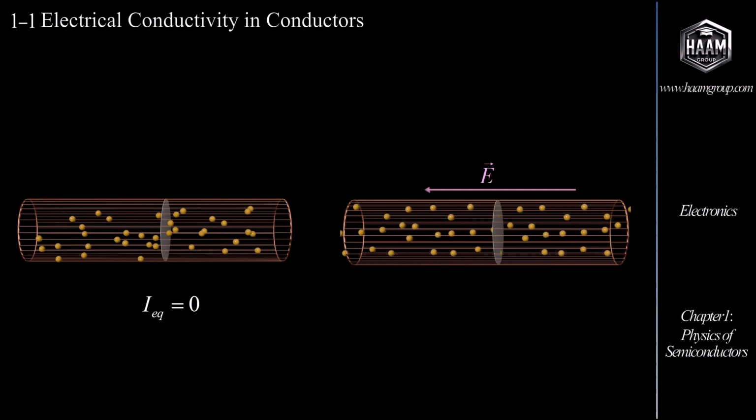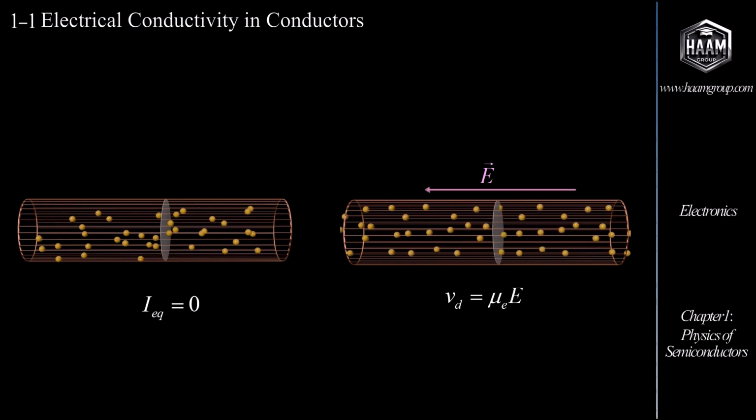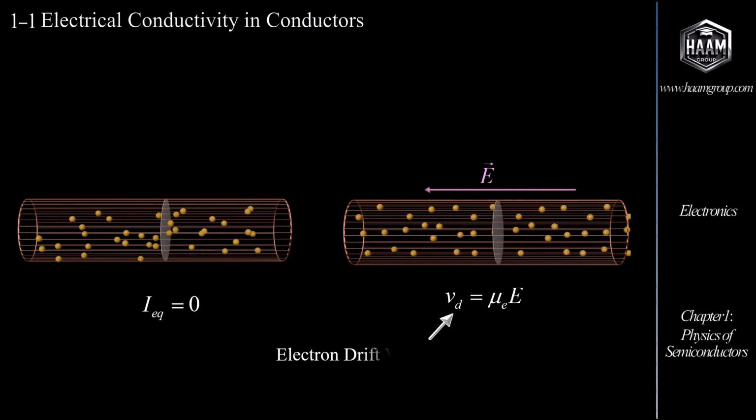This motion results in a velocity, that is, the charges begin moving at a certain velocity under the influence of the force exerted by the field. The velocity is called the drift velocity, given by v_d equals μ_e multiplied by E, where μ_e is a coefficient called the electron mobility.